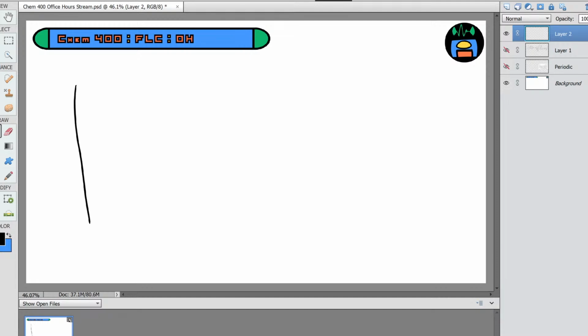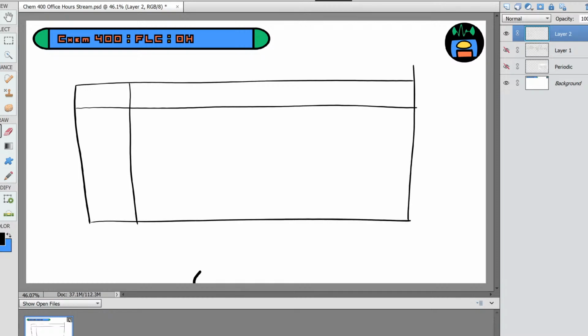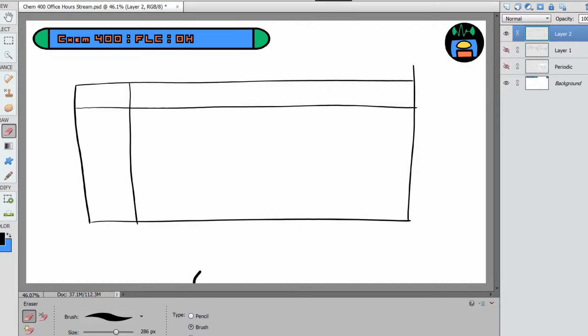So you make a table, right, for your data.